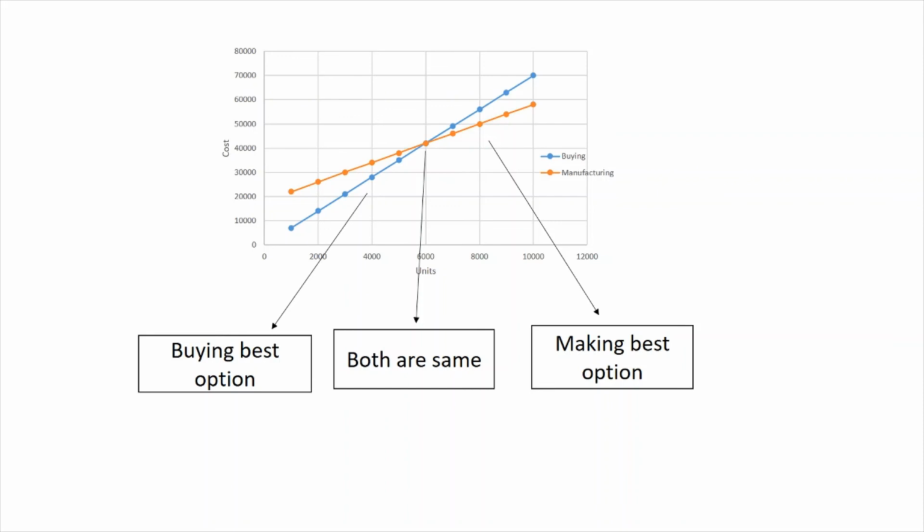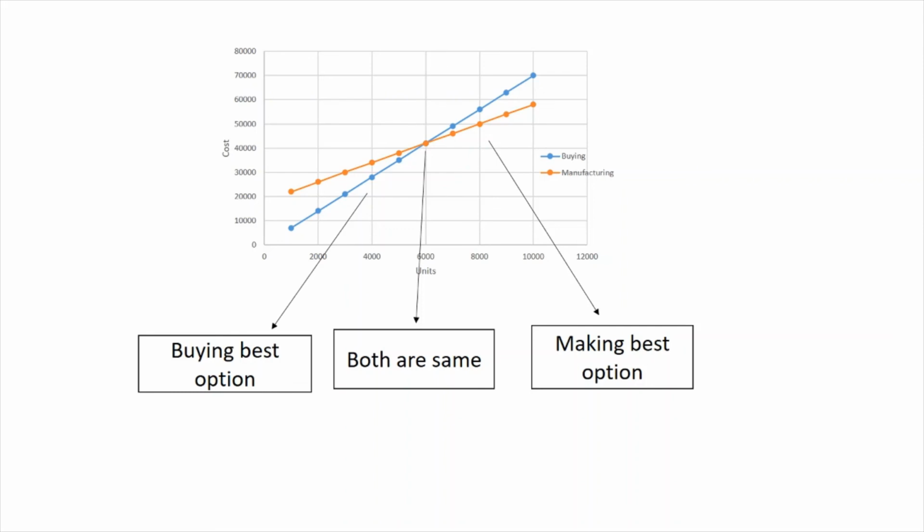And here we can see in the graph, if a company manufactures less than 6,000 products, then buying is the best option. If the company sells exactly 6,000 units, then both are the same, buying and making.